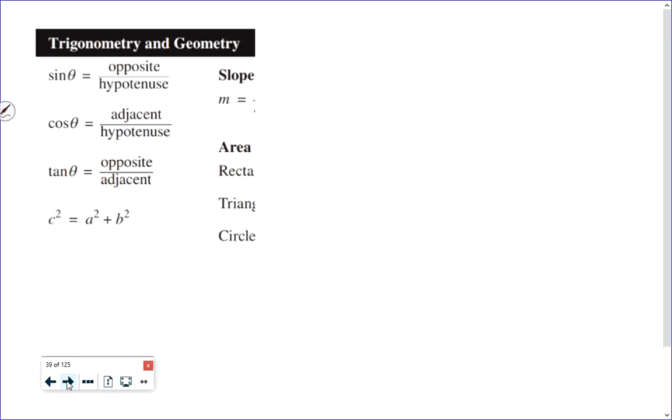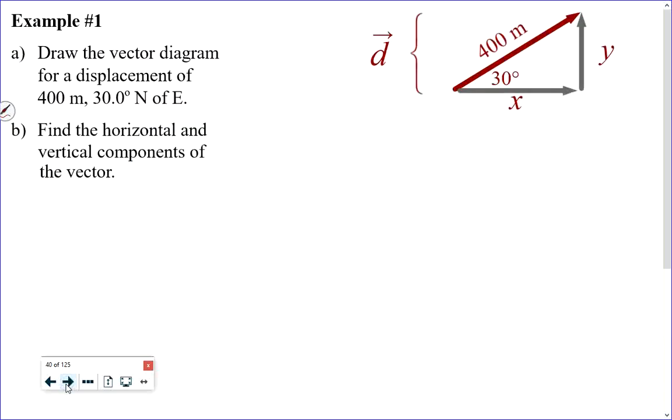I would suspect you probably didn't get to this course by having to look at that all the time, but if you forget, it's there. You probably remember it. So what do we do? Well, cosine of 30 degrees is x over 400. It's adjacent over the hypotenuse. And sine of 30 degrees is y over 400.